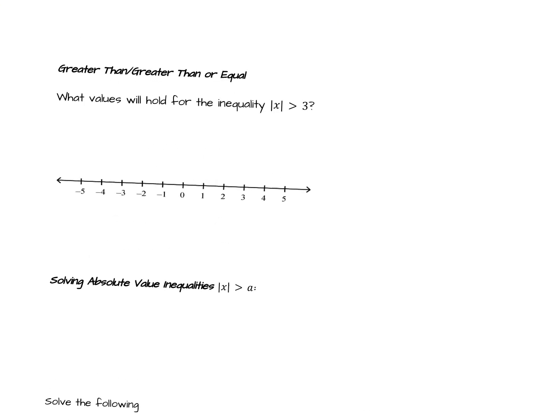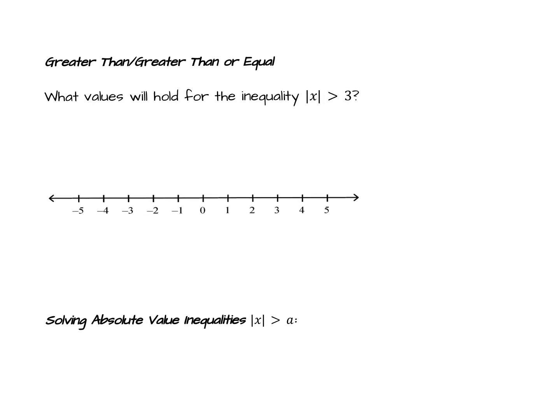So let's talk about the second type of absolute value inequality, and that's everything that's greater than or equal to. So we go back to our absolute value of x, but now we're going to look at the absolute value of x is greater than 3. We already talked about the fact that you have solutions at 3 and negative 3. That doesn't change.